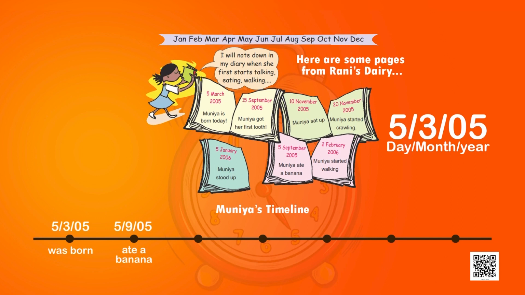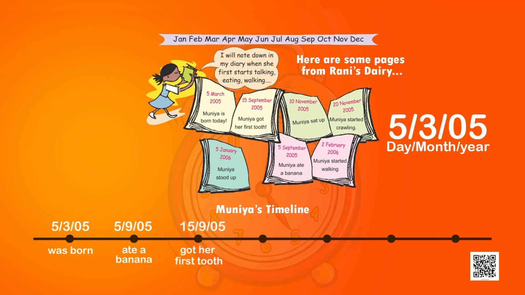On this day, she ate a banana. September is the 9th month. So, we can write it as 5905. Below that, we should write ate a banana.